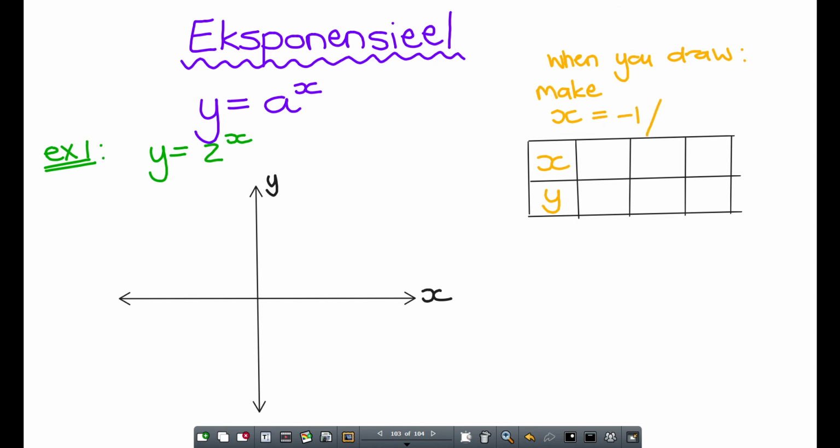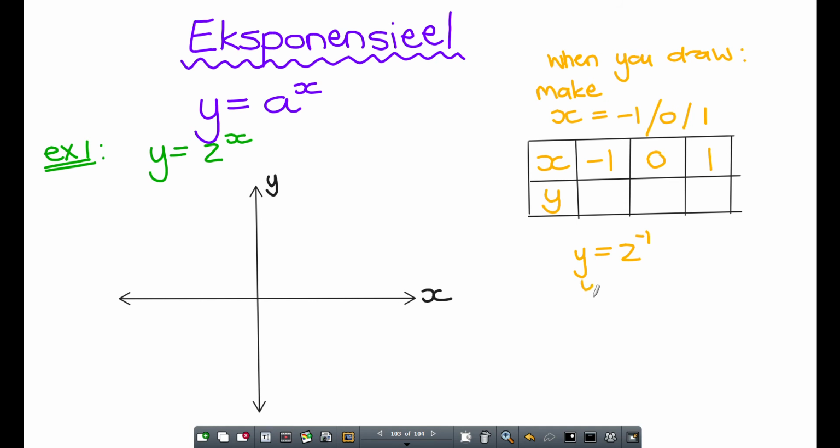Ek sê -1 of 0 of 1. Want dan gaan jy min of meer 'n tendens sien en al reeds jou grafiek kan trek. Okay, so my x values, I'm going to make it -1, 0 and 1. So as ek nou dit sou gaan instel by daai grafiek, ons het gehad y is gelyk aan 2 tot die mag x, maar nou in plaas van x gaan ek sê minus 1. No, do you guys see that?